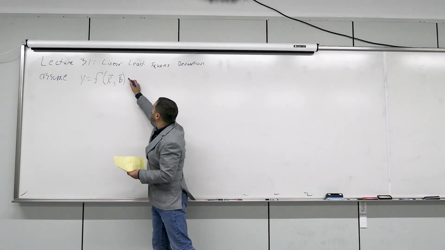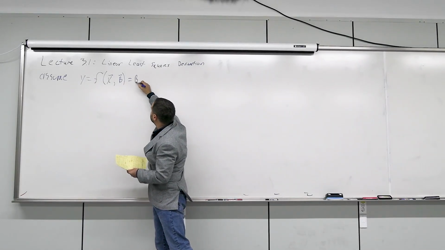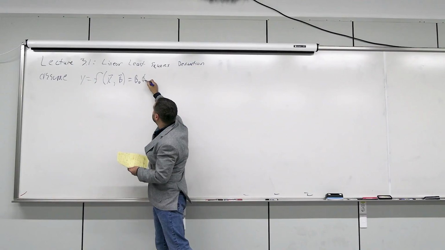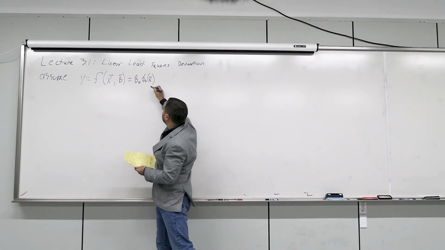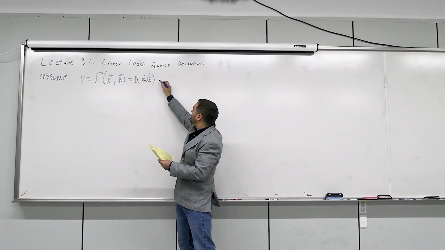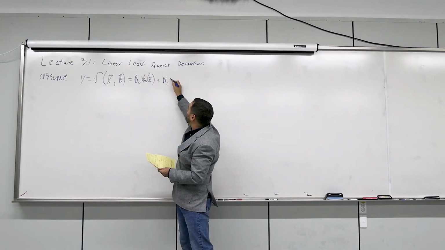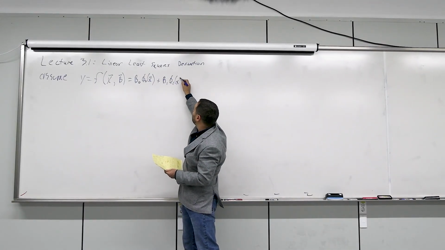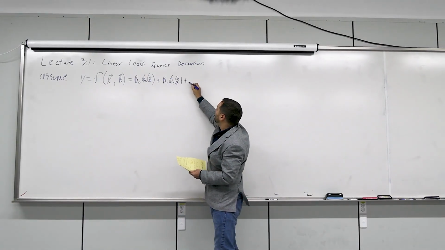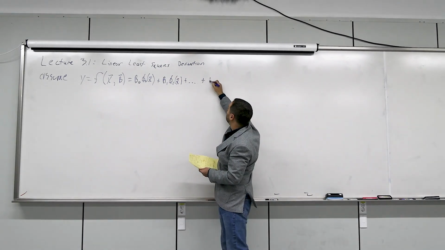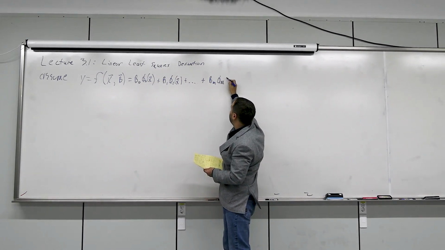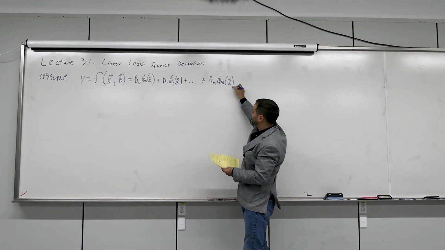If we expand this out, this would be beta naught times phi naught of x, plus beta 1 times phi 1 of x, plus, up to, beta m times phi m of x.